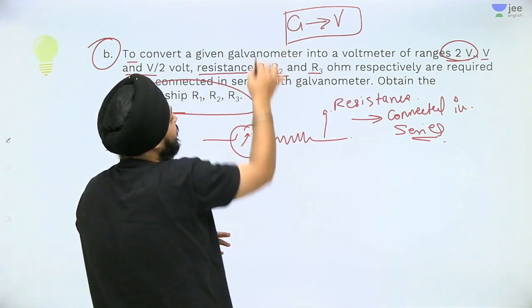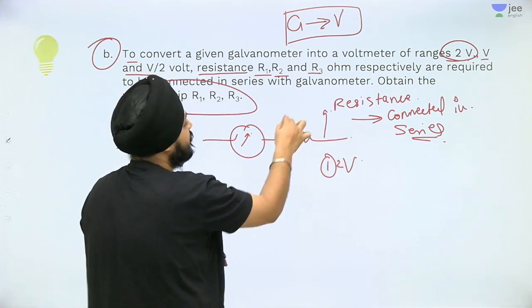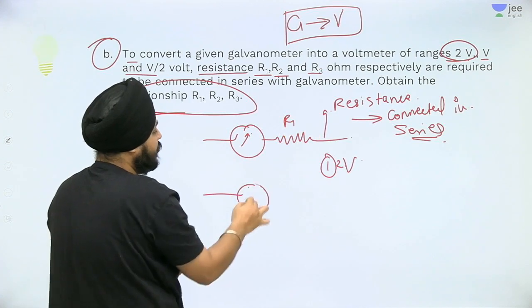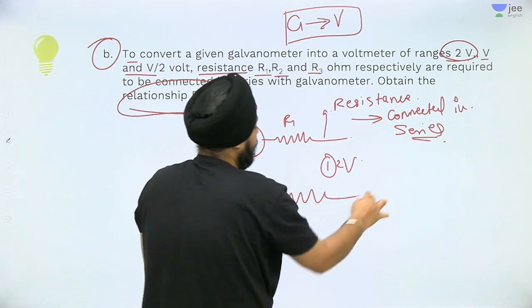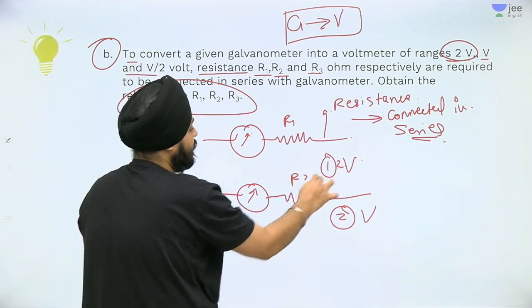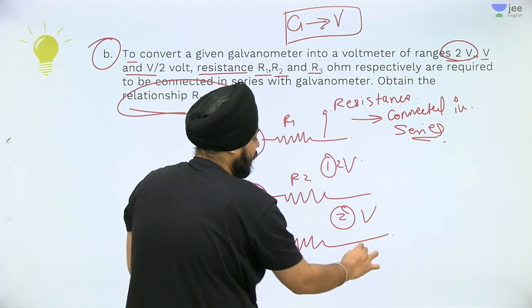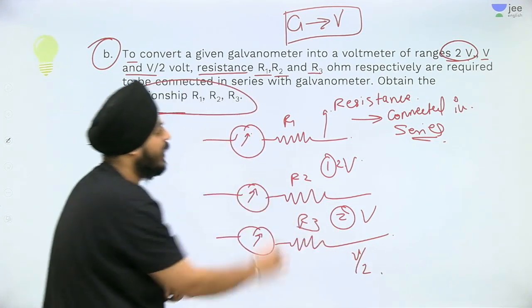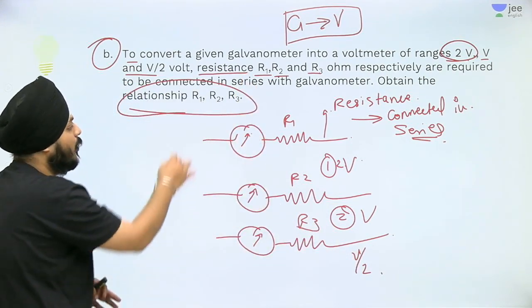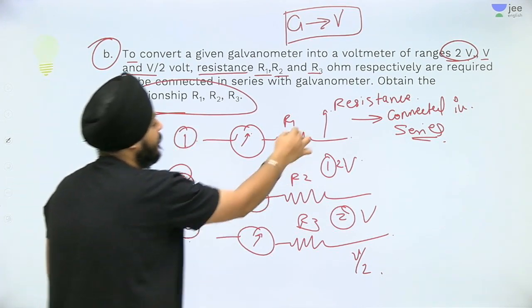Suppose I need a voltmeter of 2V volt, then the resistance would be R1. Suppose I need a potential difference of V, then the resistance is R2. Suppose I need a potential difference of V by 2, then the resistance is R3. These three situations are going on, and we just have to find the relation between R1, R2 and R3.